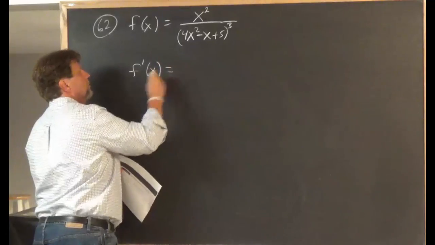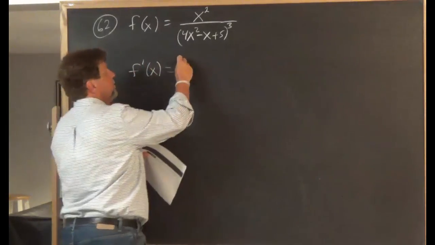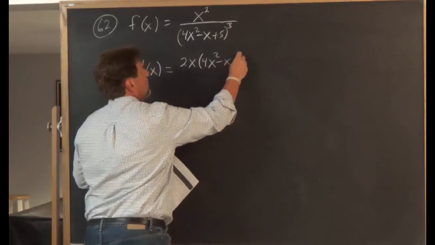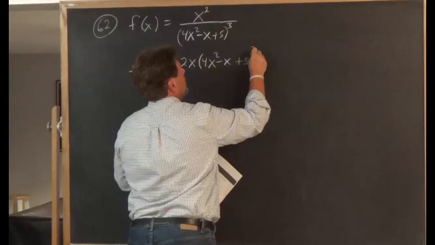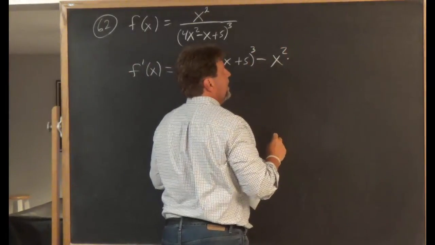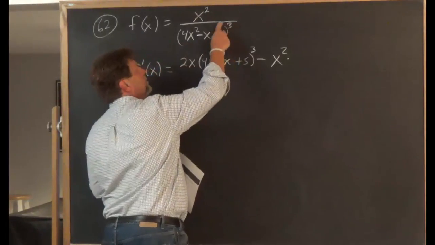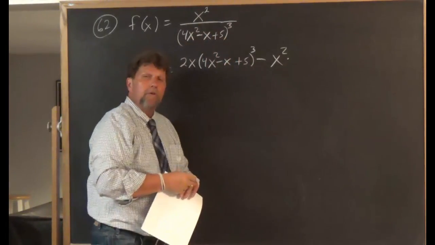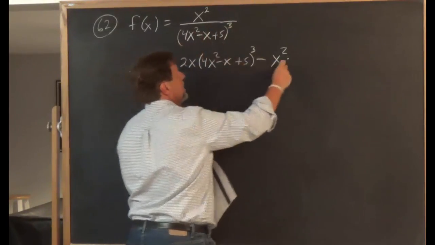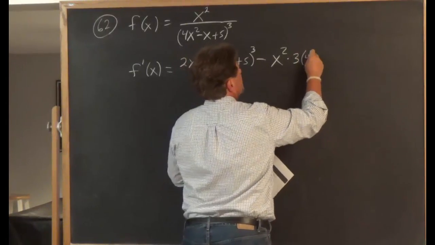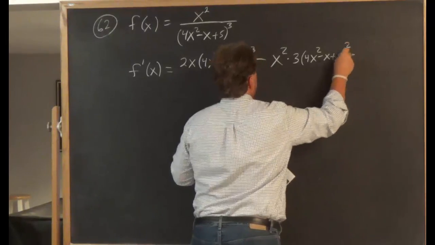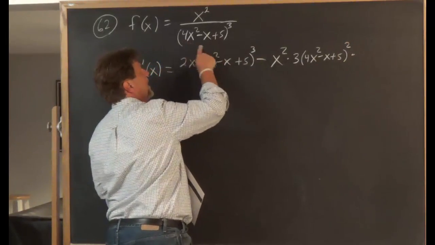So remember, in the quotient rule, it's the derivative of the numerator times the denominator minus the numerator times the derivative of the denominator. And when I differentiate the denominator, I'm going to be using the chain rule. So when I differentiate the denominator, the 3 comes out front, subtract 1 from the exponent, times the derivative of the inside function.